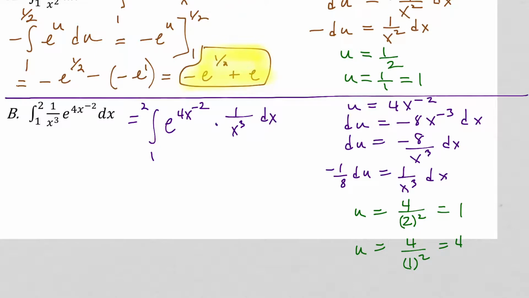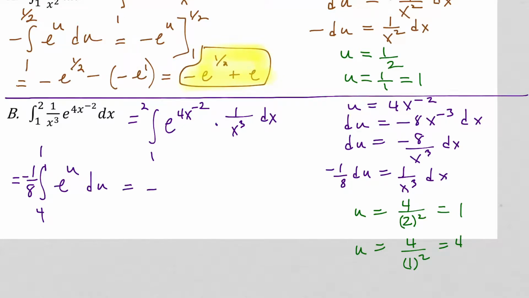All right, so putting everything into my integral now, I've got the integral between 4 and 1 of e to the u, and then I've got negative 1/8 du. All right, so now I can integrate.